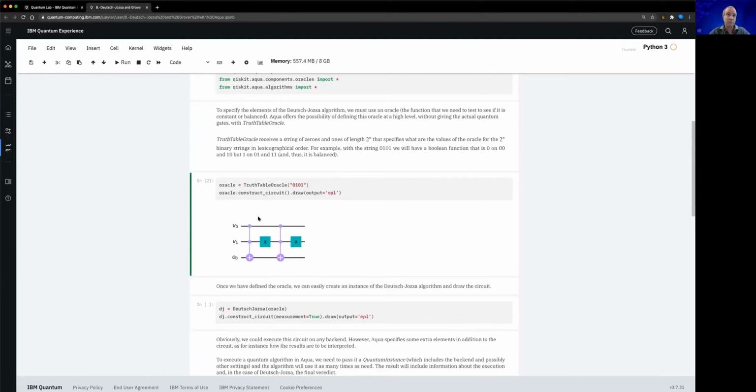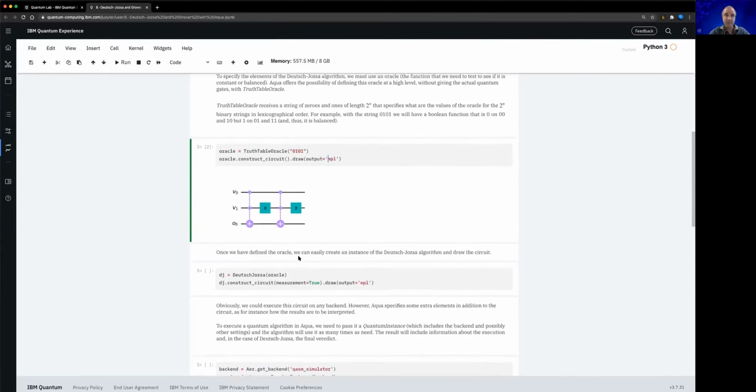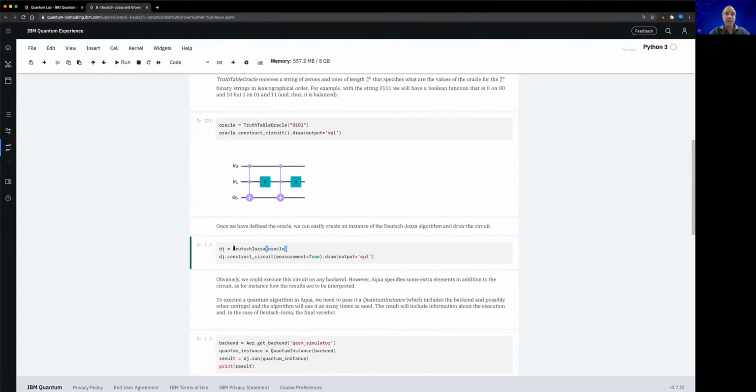And you can also draw the circuit that is produced by Aqua automatically, instead of you needing to work out what gates you need in order to implement this oracle. Okay. Then we also have an implementation of the Deutsch-Jozsa algorithm already in Aqua.